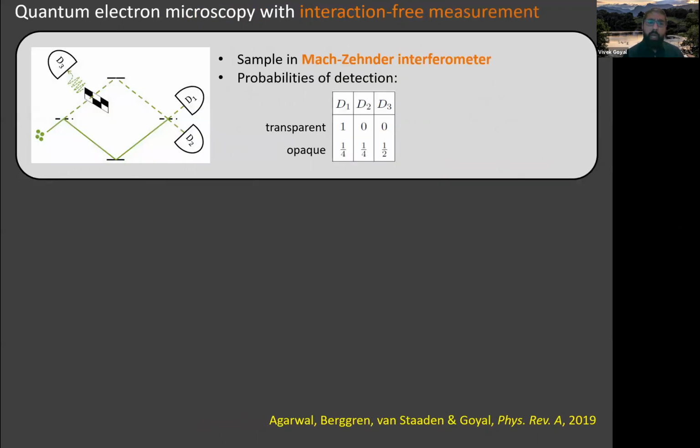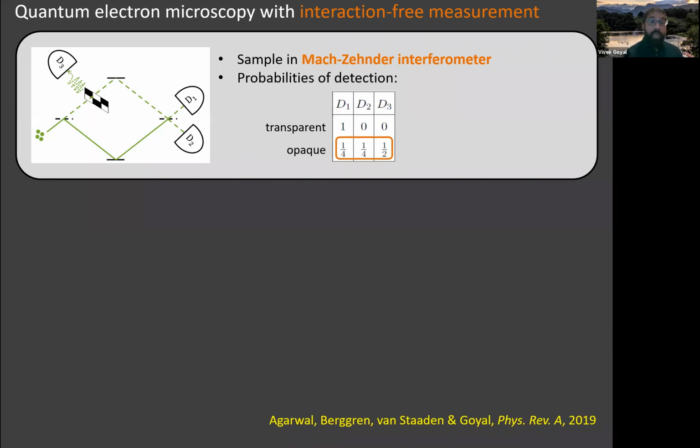Quantum electron microscopy is another setting in which we've studied acquisition strategies and found that a simple stopping rule can make a big difference. Suppose there's a binary valued sample that's placed in one arm of a Mach-Zehnder interferometer. Then when the sample is absent or transparent, constructive and destructive interference cause an electron to be detected at D1.